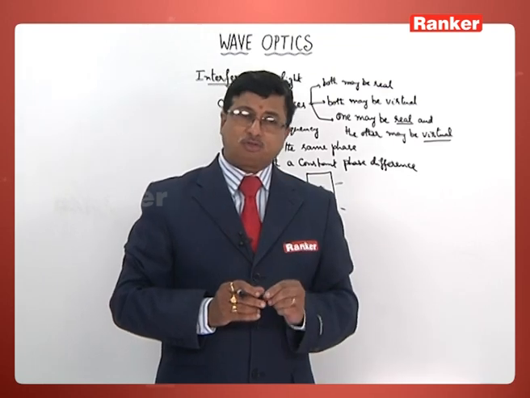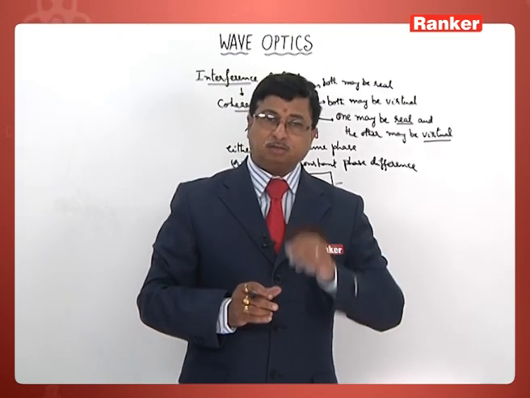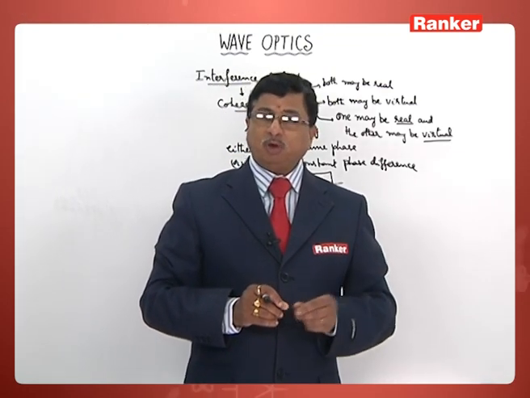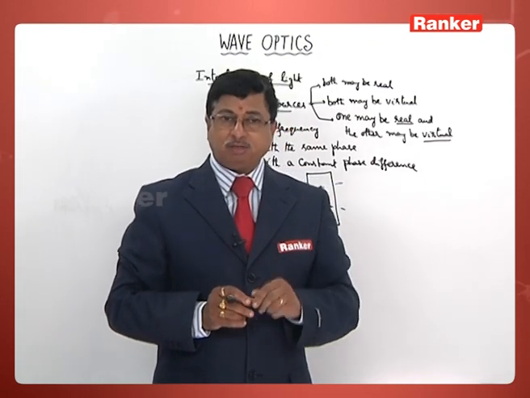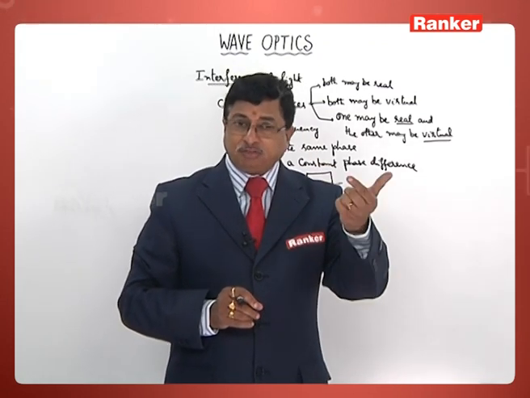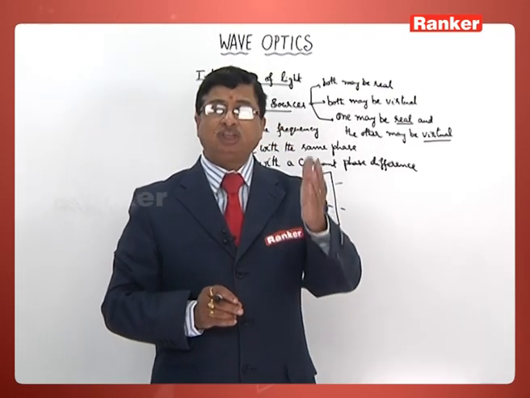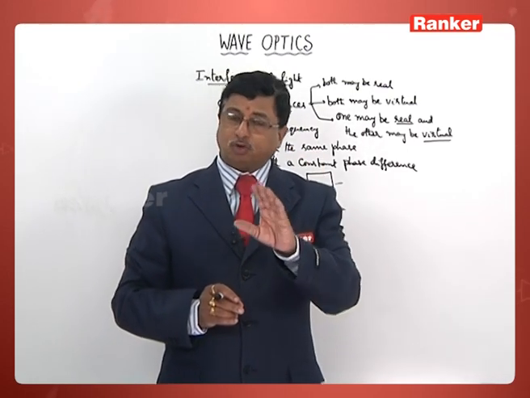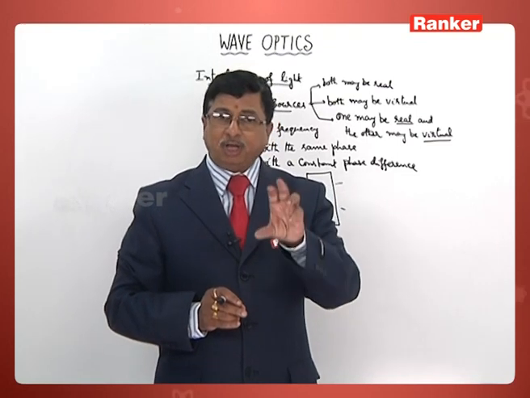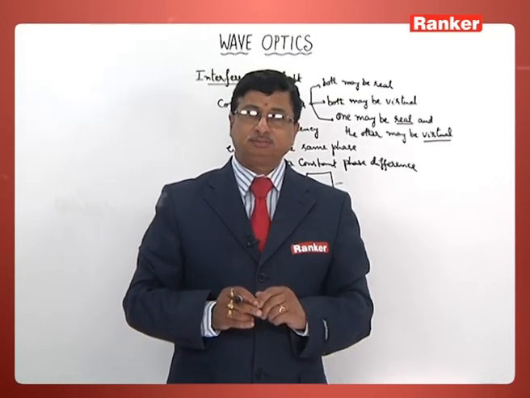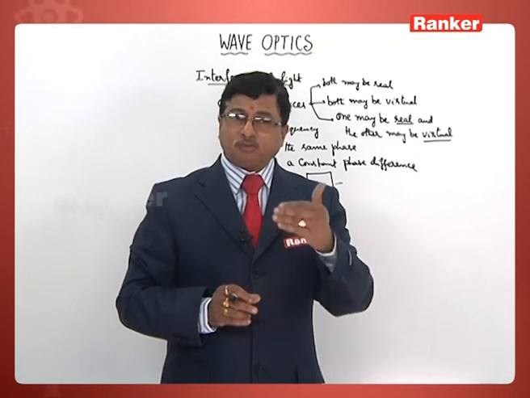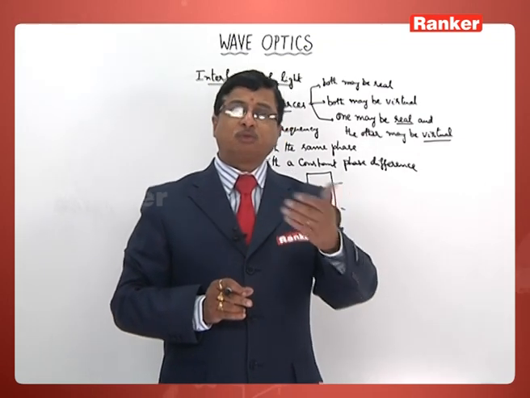Whenever we use Lloyd's mirror to obtain an interference pattern, one source will be a realistic one. Its image formed there behaves as if it is another source, which makes a pair of coherent sources. So one source will be real and one source will be virtual.